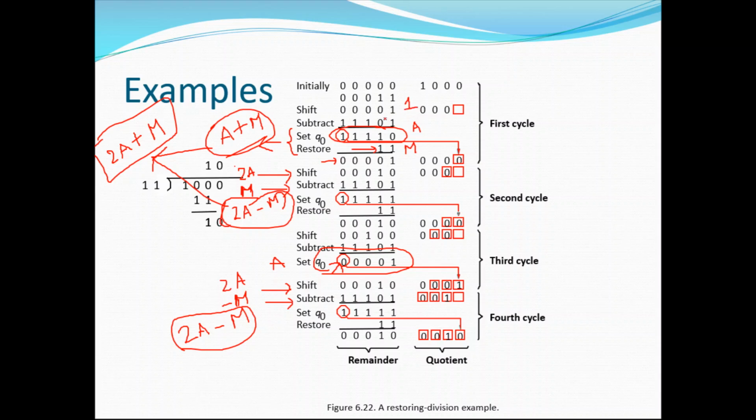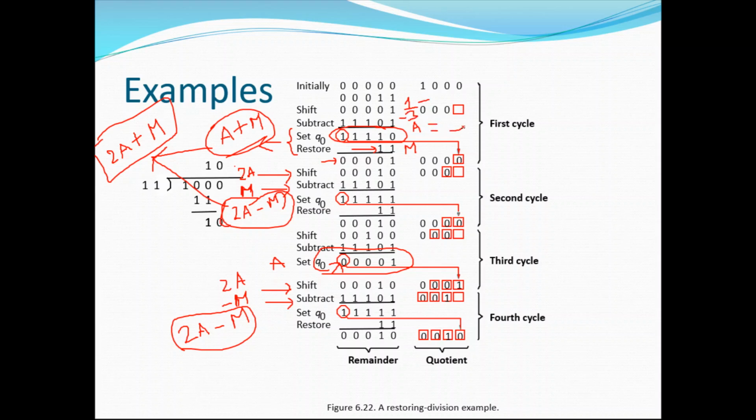And what is our divisor? So the divisor is m. This is m in 2's complement form. We are subtracting m. M is 3. So this is 1 minus 3. Actually this is 1, this is minus 3. So when you perform 1 minus 3 here, what you get?